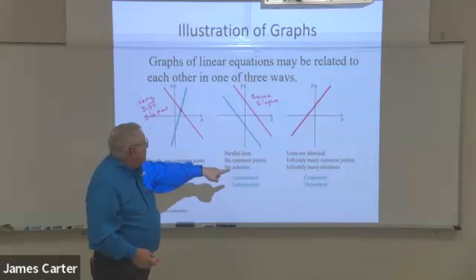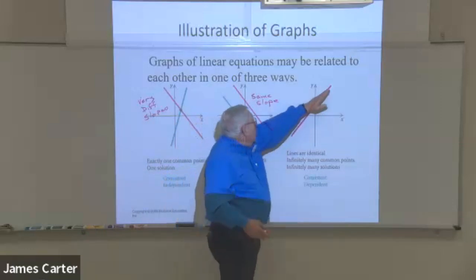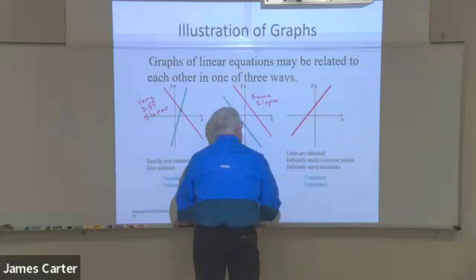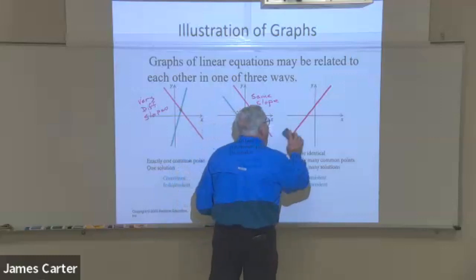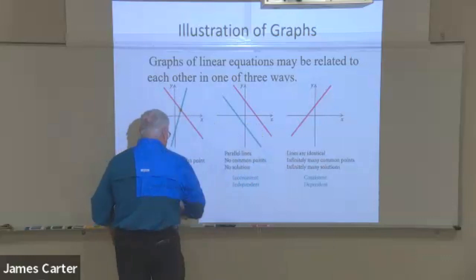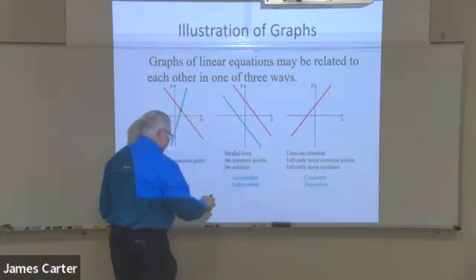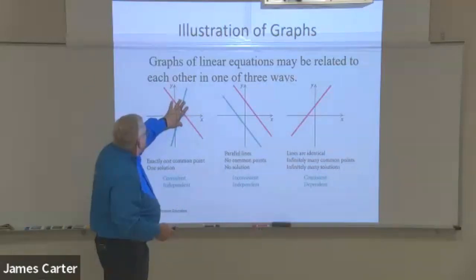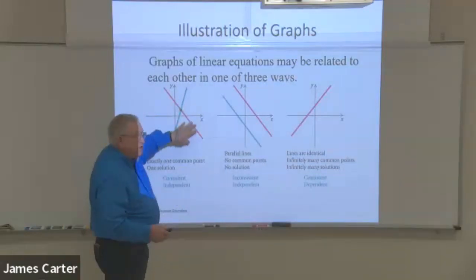They are dependent because they depend on each other. They're all the same points, the same lines. We also have perpendicular lines, but perpendicular is a specialized version of this one.